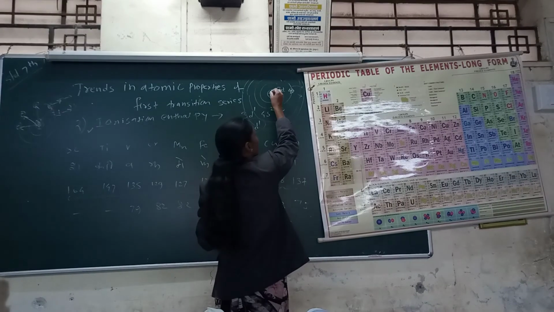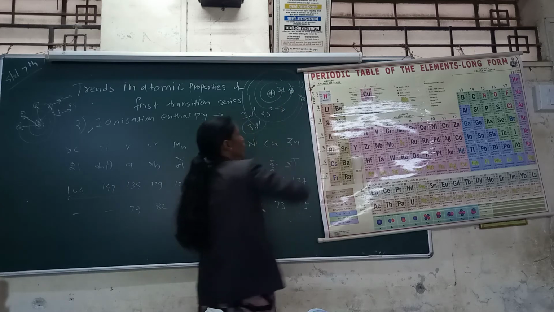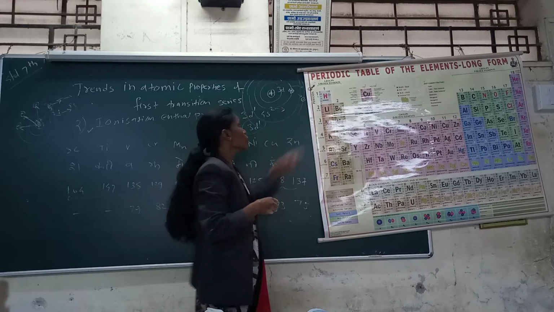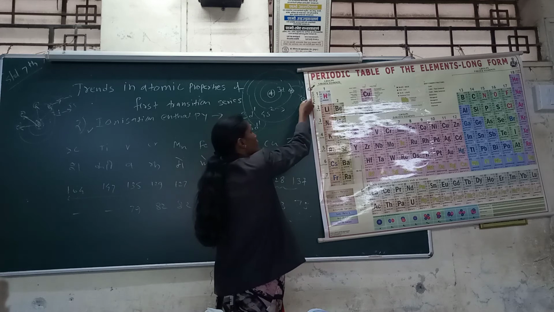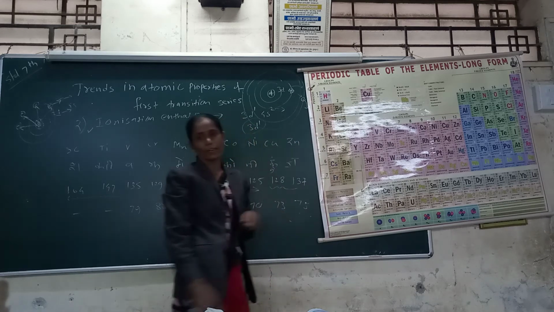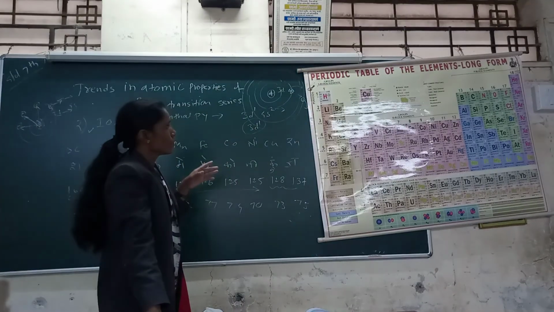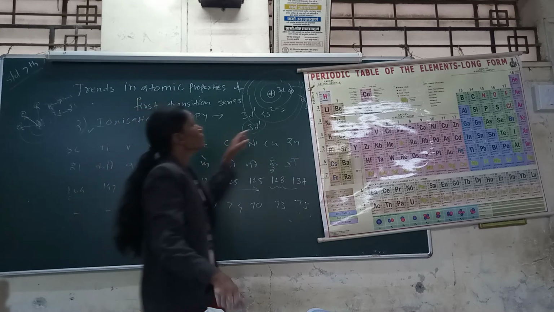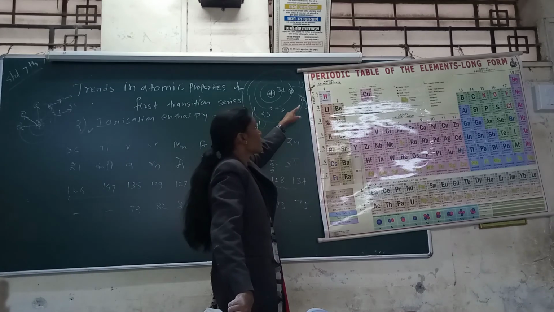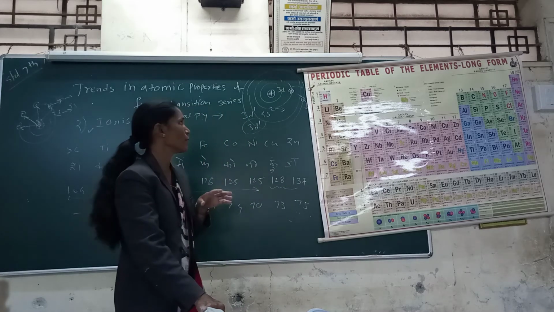Therefore, the positive charge cannot easily hold the outermost electron. So less energy is required to remove the outermost electron in the case of greater atomic radius, which means less ionization enthalpy.